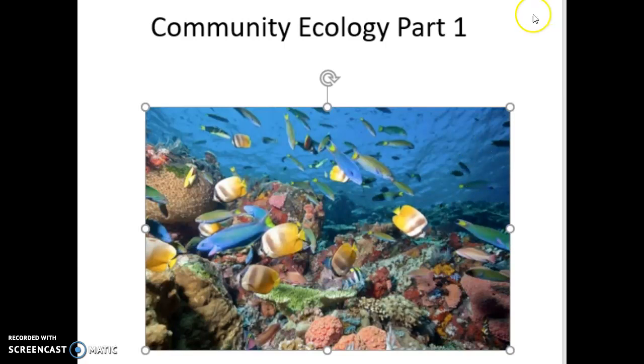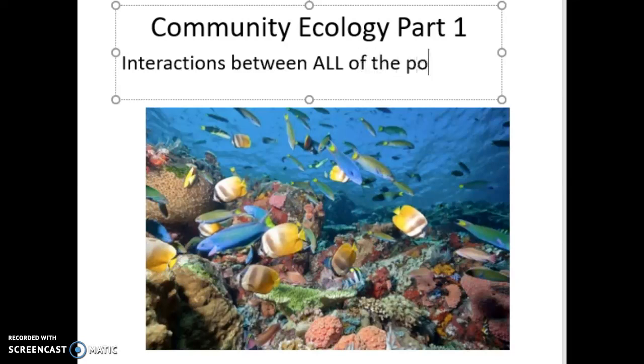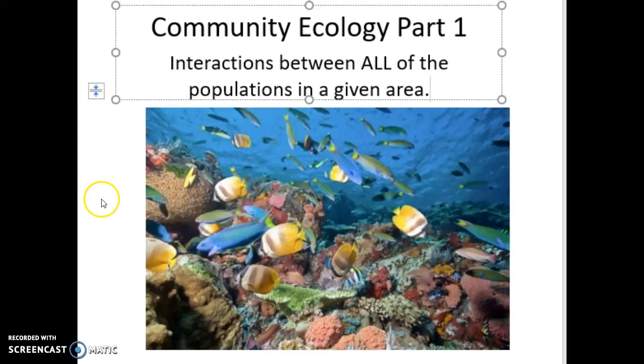Now, as we get into community ecology, what we're looking at is the interactions between all of the populations in a given area. So what we have to consider here with community is how all these different populations interact with each other.